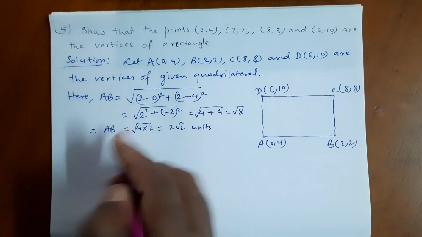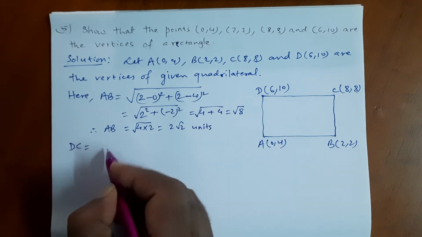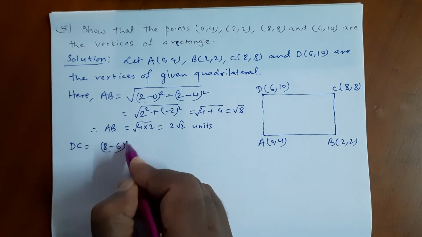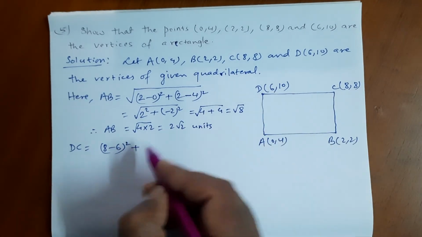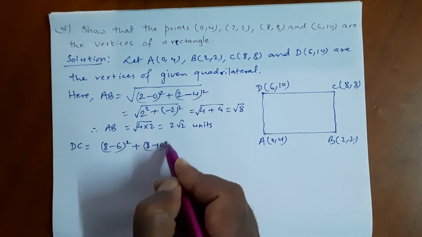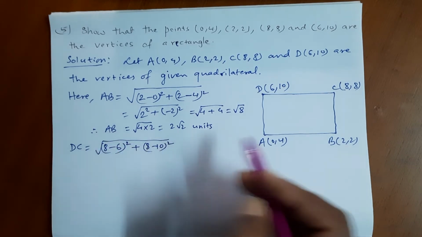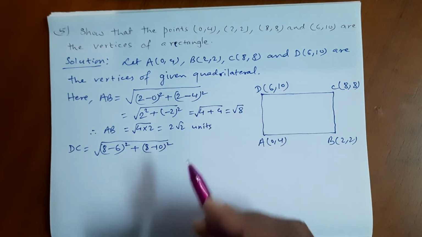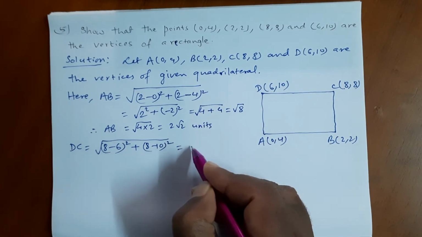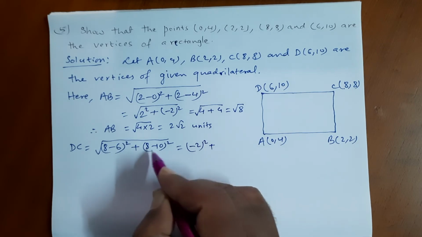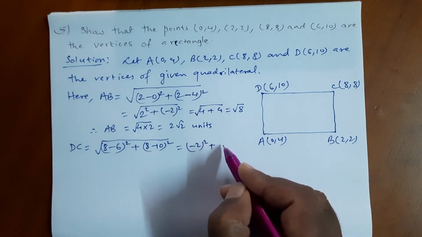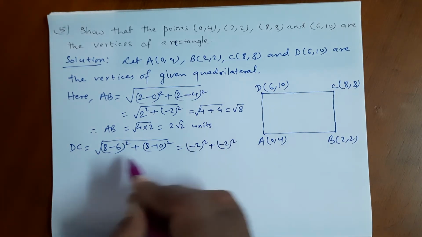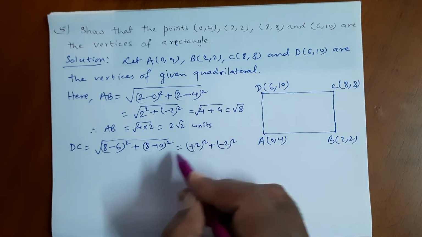Let us find out DC as well. DC equals 8 minus 6 squared plus 8 minus 10 squared. We have used the distance formula here also, square root of (x2 minus x1) squared plus (y2 minus y1) squared. 8 minus 6, that is 2 squared, plus 8 minus 10, that is minus 2 squared.